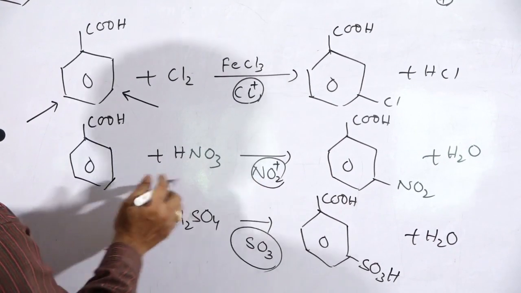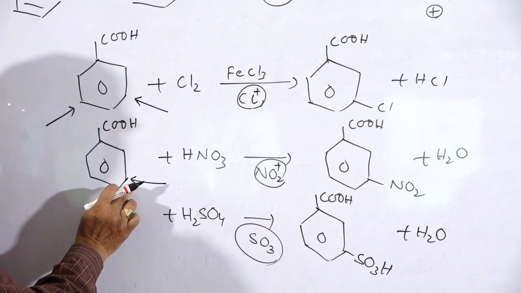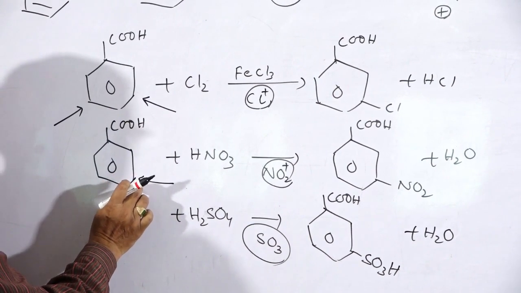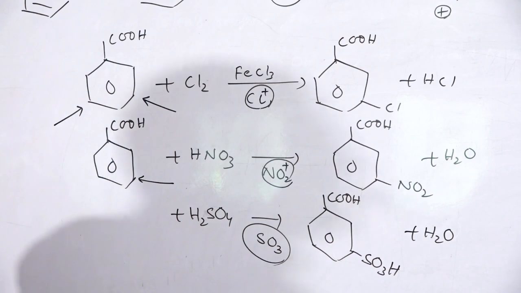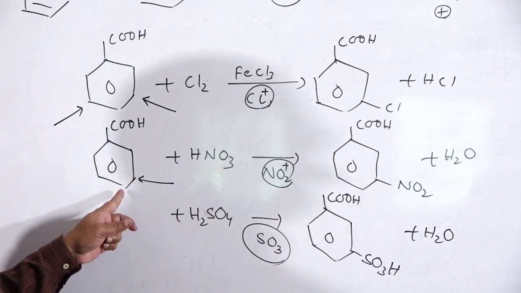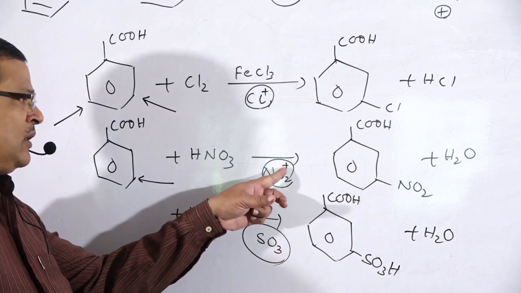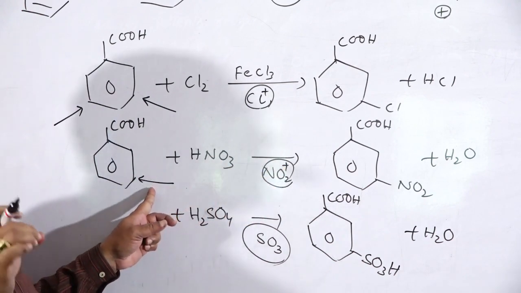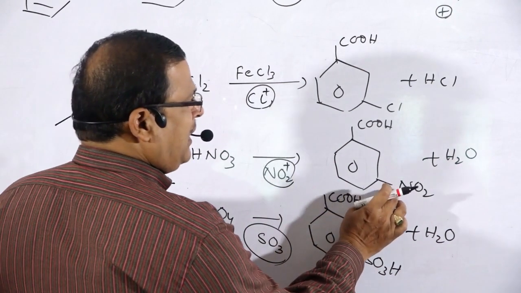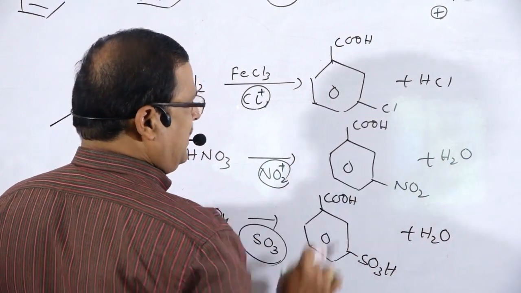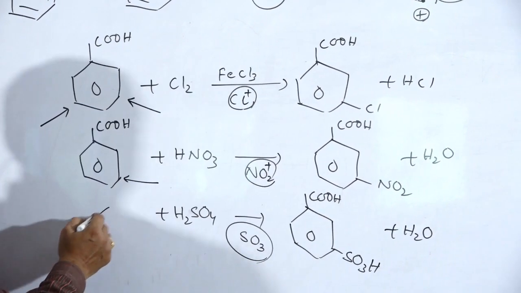The electrophile NO2 plus will get directed to the meta position, because at the meta position the electron density is comparatively more, and at the ortho and para positions the electron density is less. So the electrophile will get directed to the meta position where the electron density is more. So there is the formation of meta-nitrobenzoic acid.